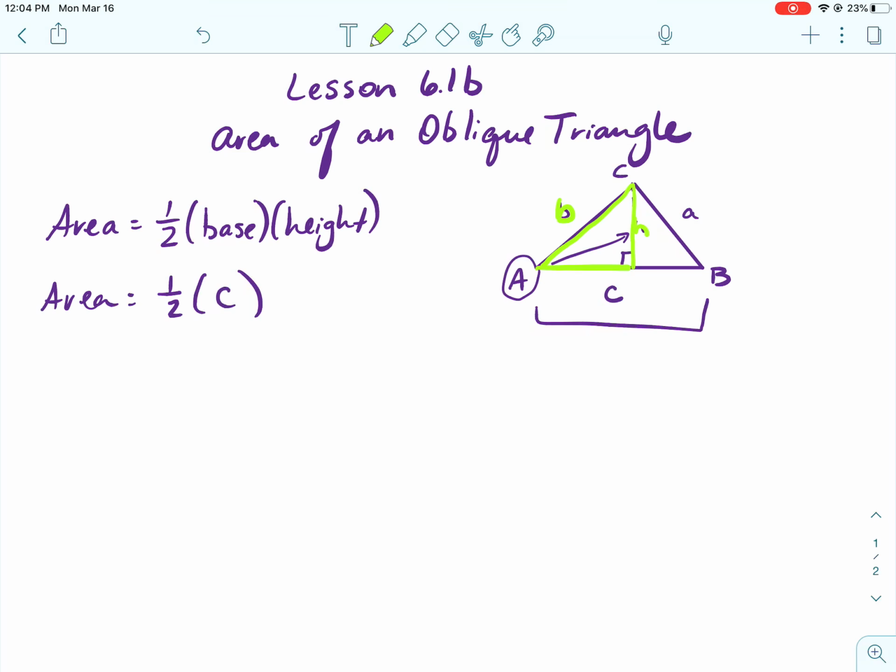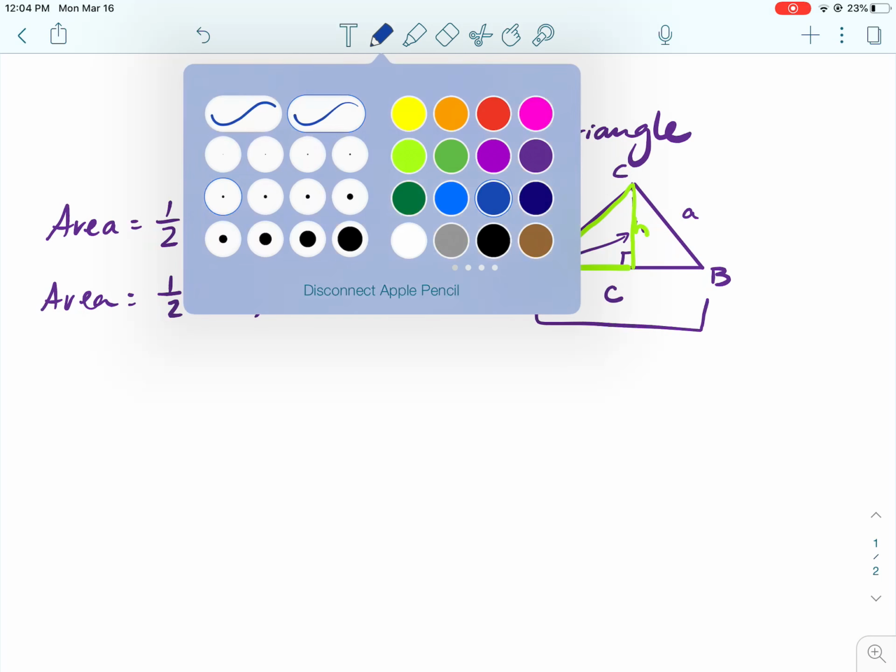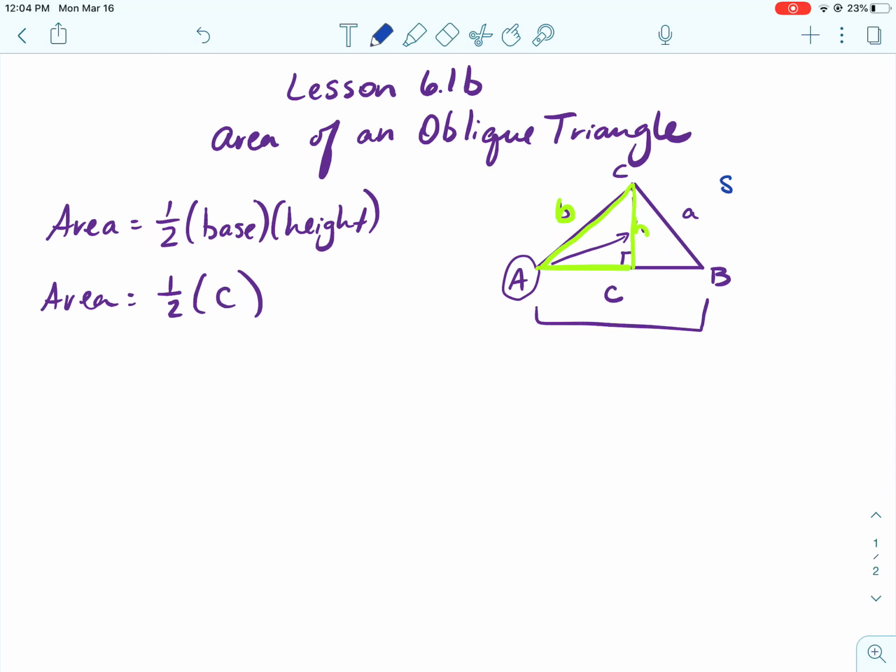And for that little right triangle, the height is going to be opposite of angle A, and B is going to be the hypotenuse. So we could say that the sine of angle A is equal to the height over B, the opposite over the hypotenuse. Now we want to represent height, because that's what we're filling in.